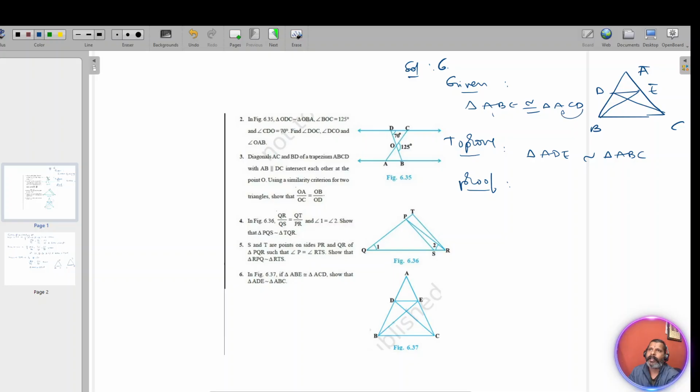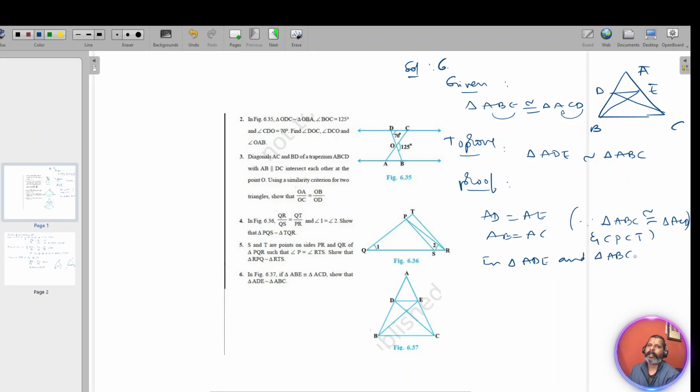AD equal to AE, and the other side is AB equal to AC, since triangle ABE is congruent to triangle ACD. Okay, by CPCT also.